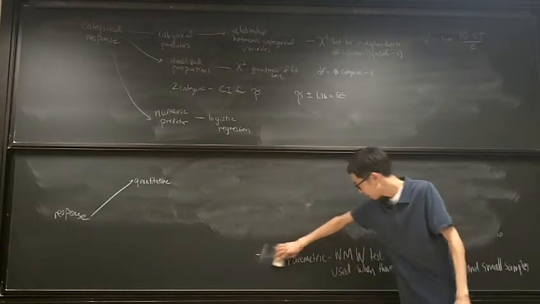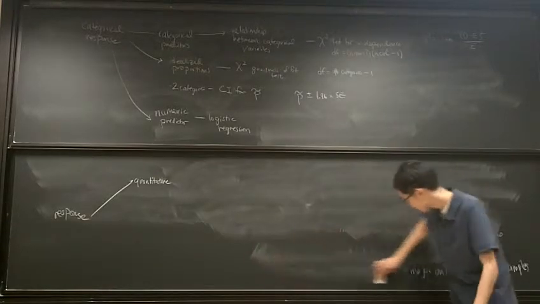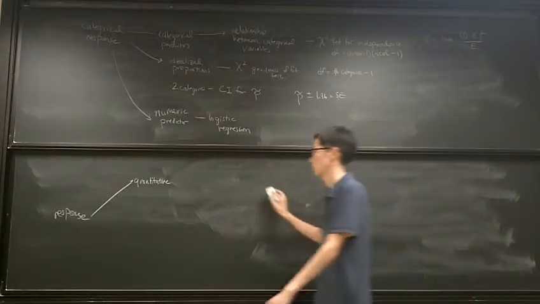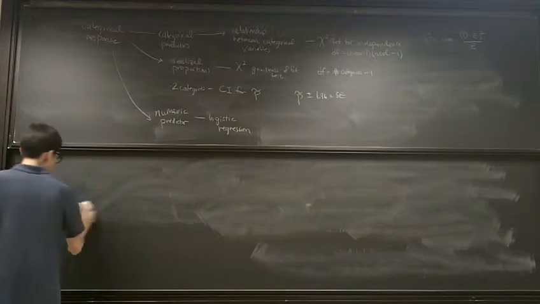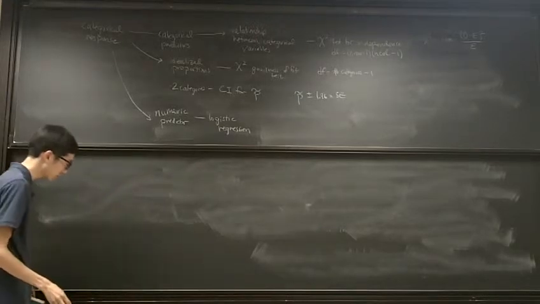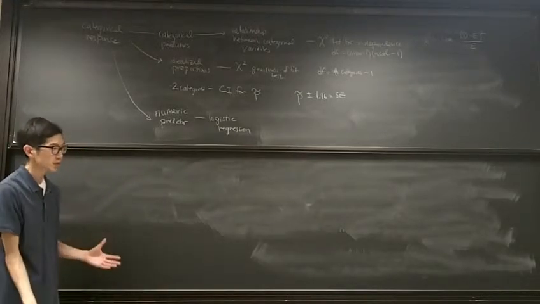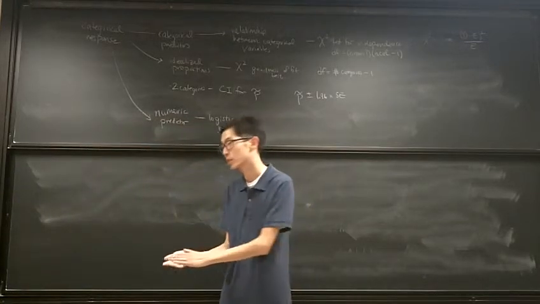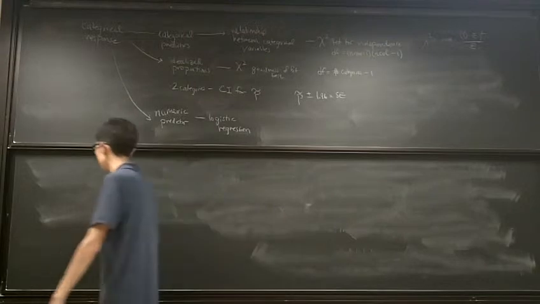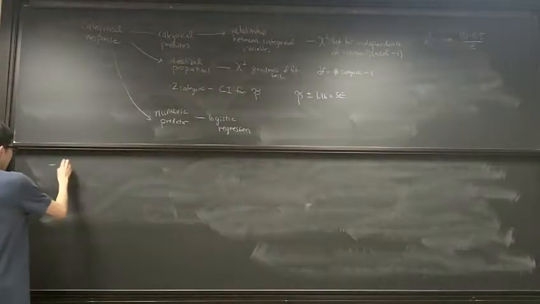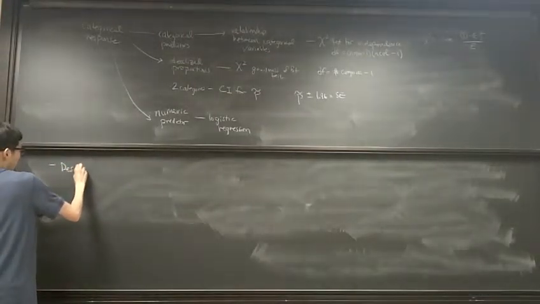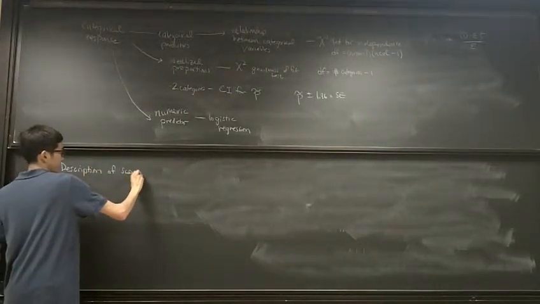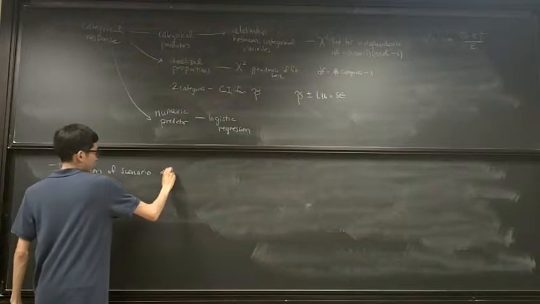So part of the test, I'm going to describe different scenarios, and based on the description of the scenario and the data that was collected, you need to identify which test is appropriate.